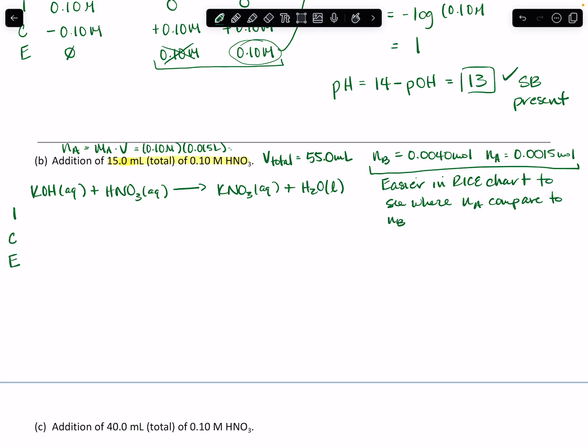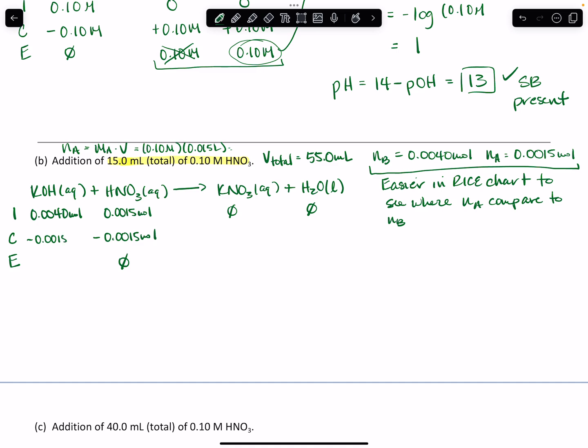All right, so ICE. Initially, in terms of base, I have 0.004 moles, and in terms of acid, 0.0015 moles. And I don't have any of my products yet. Now the change. You look at which one is the least, and that's all going to go. So 0.0015 is less. So I'm going to use up all of the acid in this reaction.